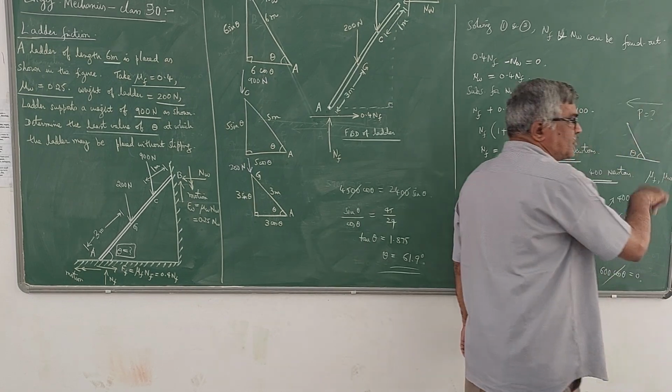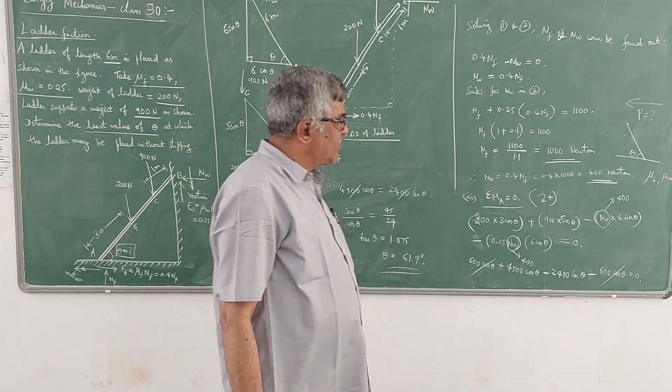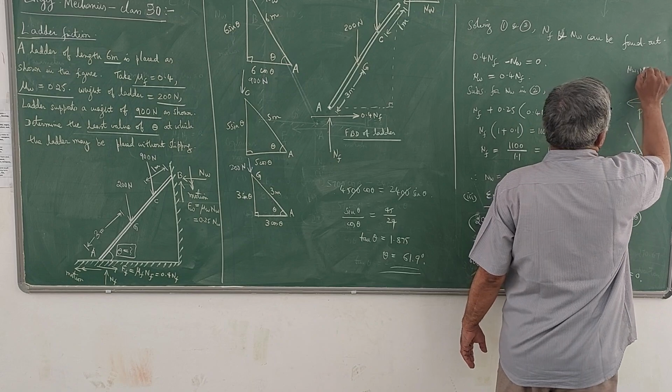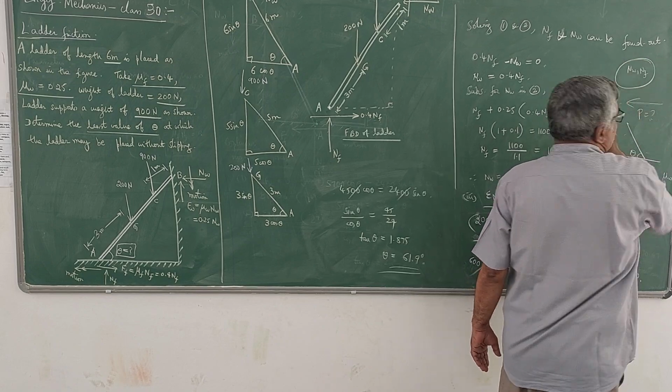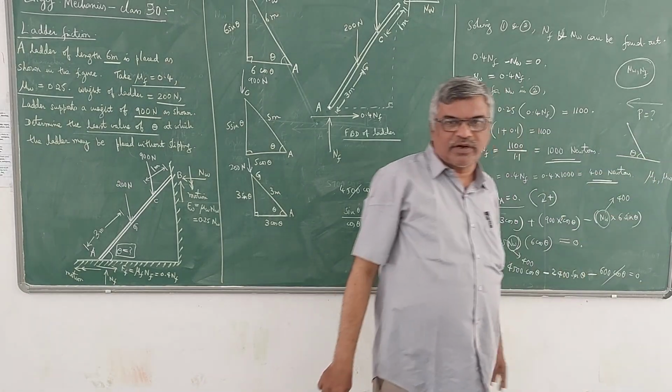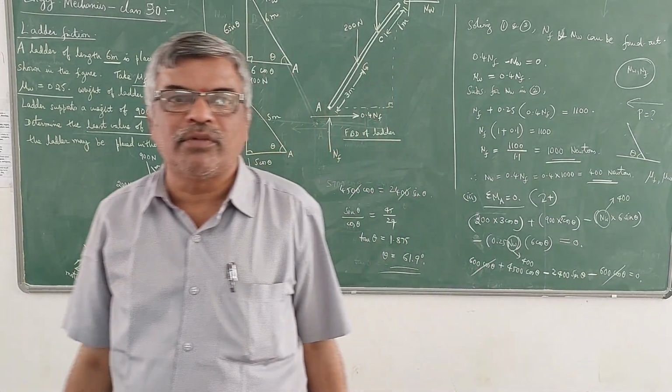Any one of these can be asked. NW and NF are the 2 fixed unknowns, along with that, any one of these can be asked. This is how we have to solve a problem of ladder friction.